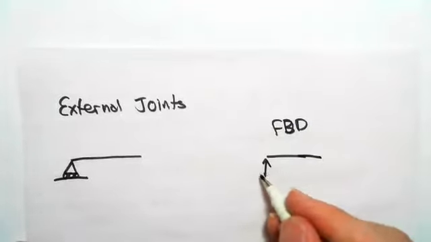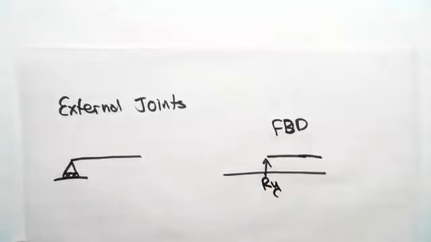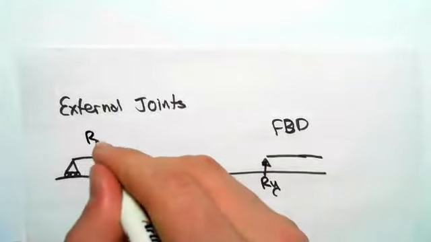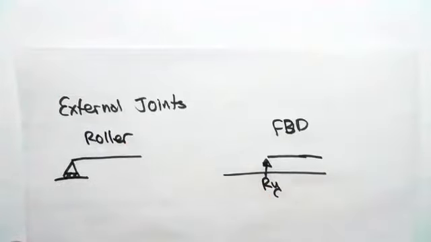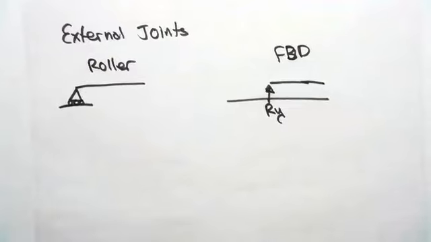this is the beam. And so this is the r, y. It's just one force up. There are no forces in the x direction. So that's the roller. We also have a smooth support, which is similar to this. It causes a force in the normal direction, but it looks like this.